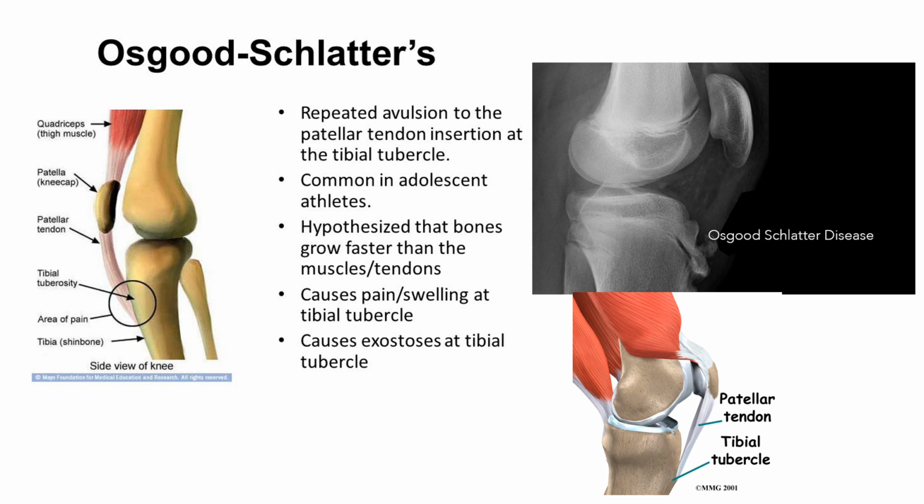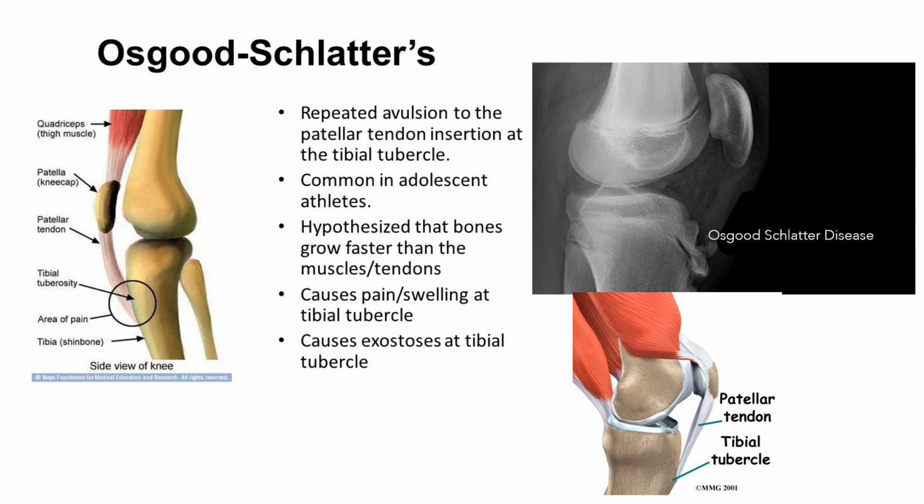So when you have a patient soon in the future, who is an athlete and has this painful swelling of the knee, especially around the area of the tibial tubercle, and it has been going on for some time, then you might suspect this Osgood-Schlatter's disease.